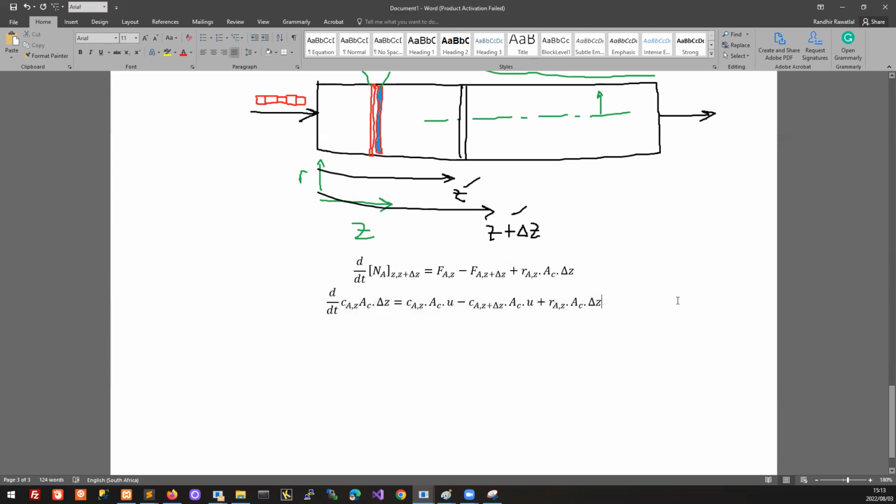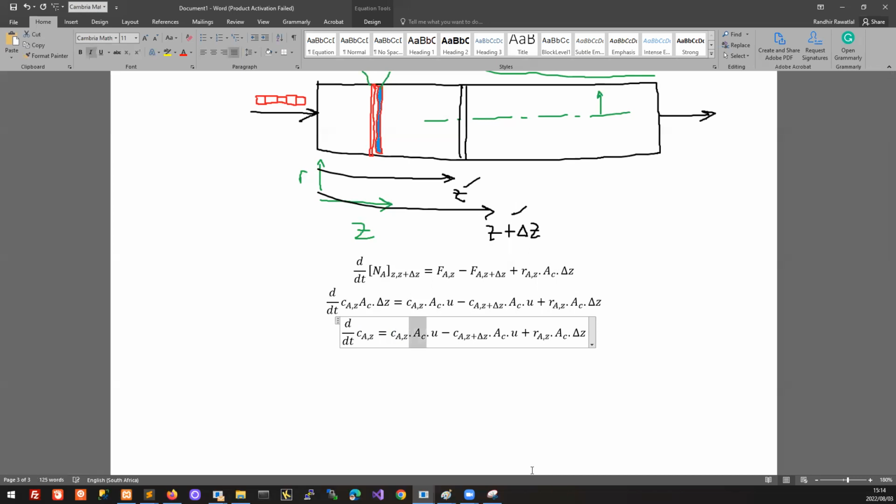So doing that, dividing by AC delta Z, this AC can vanish, and this AC can vanish, and we can group these two. So we can take this U out here, U times this stuff, and divide by delta Z, right?